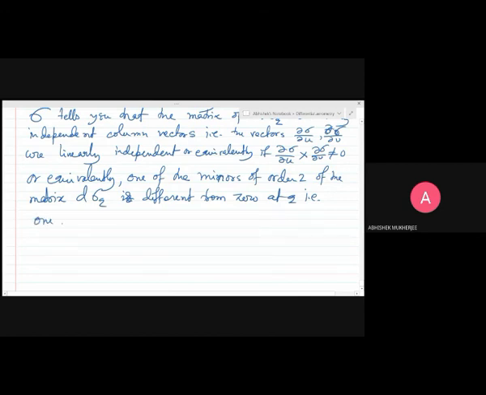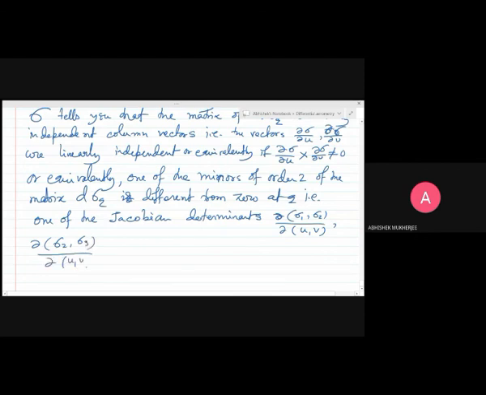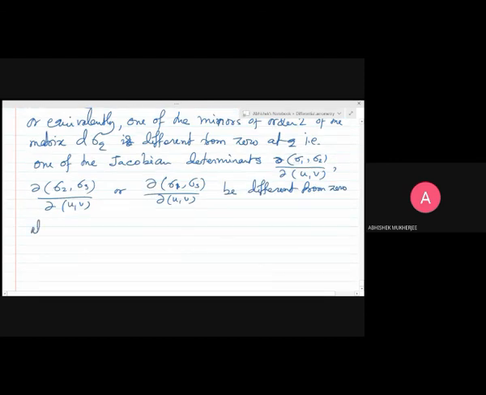That is, one of the Jacobian determinants, del (sigma 1, sigma 2) over del (u, v), del (sigma 2, sigma 3) over del (u, v), or del (sigma 3, sigma 1) over del (u, v), is different from 0 at q.